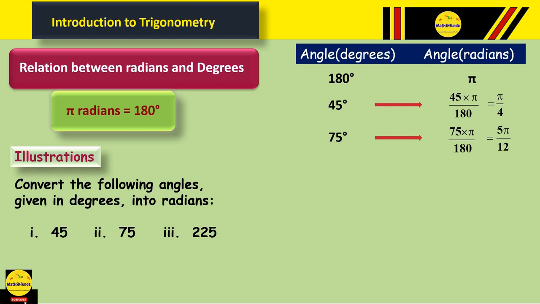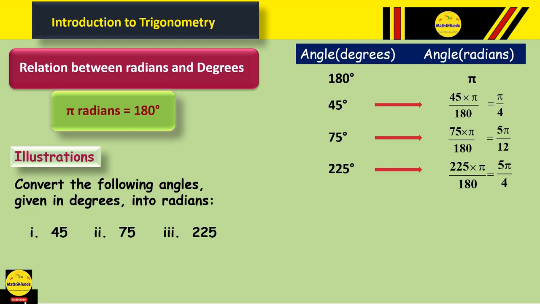Simplify this further. That I have done by cancelling by 15. So 5 pi by 12. So 5 pi by 12 radians is same as 75 degrees. Now take that last one, 225 degrees. How will we write now? 225 into pi upon 180. You can simplify this further and you get the answer as 5 pi by 4 radians.